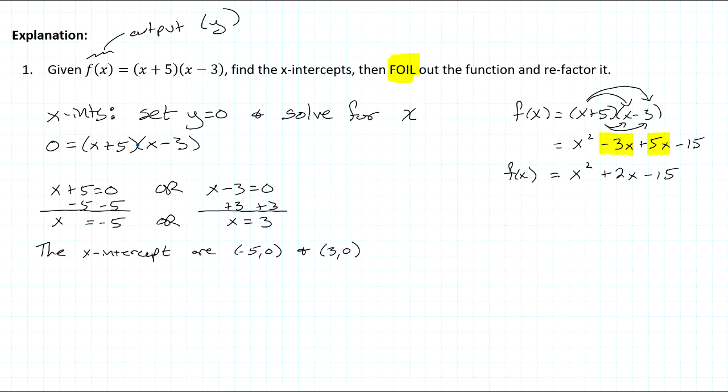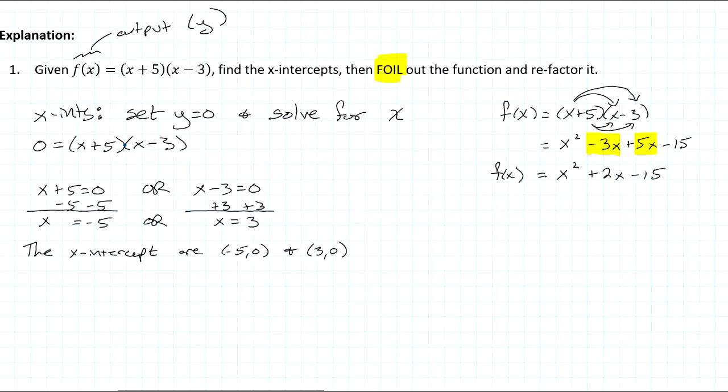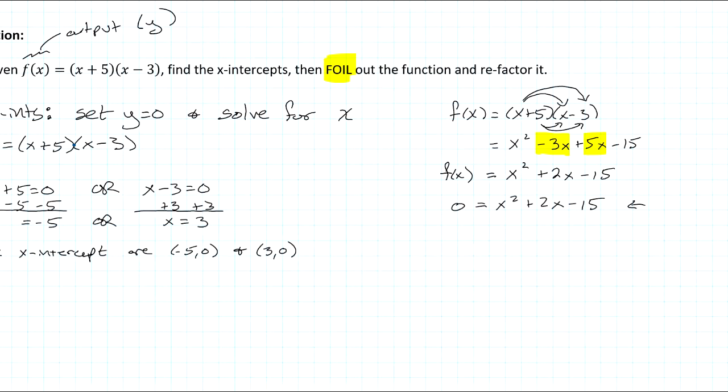So we set 0 equals x squared plus 2x minus 15, and we would need to factor this in order to solve. Now, we could use the quadratic formula, but factoring, when comfortable with it, is by far the quicker way of doing this. So let's practice this.